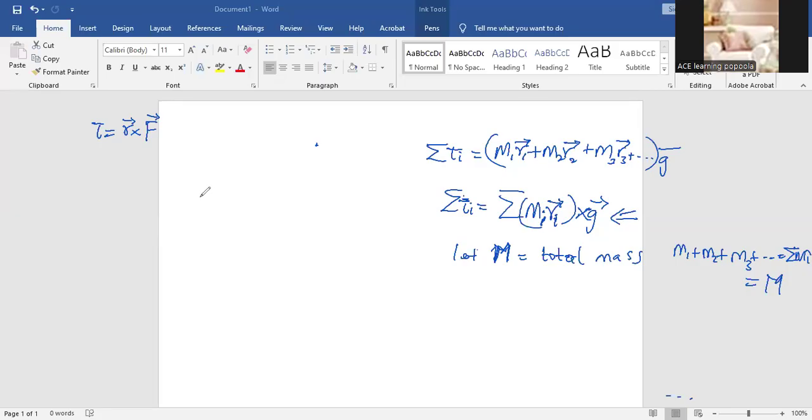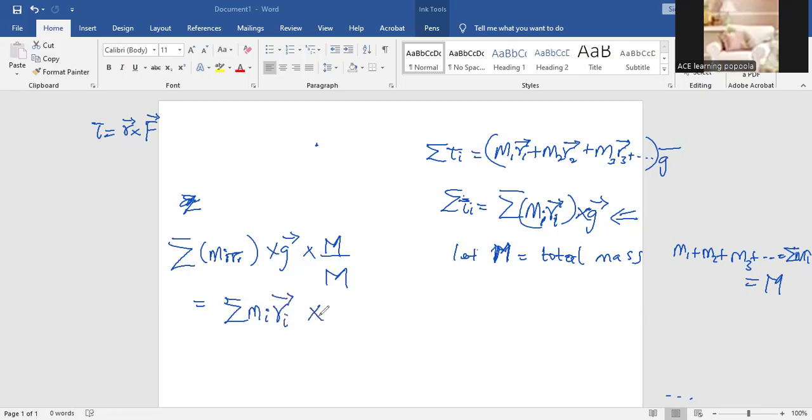Now we multiply this equation, summation mi ri times g, top and bottom, both top and bottom, by capital M. So this becomes summation mi ri cross capital M g, divided by M here.